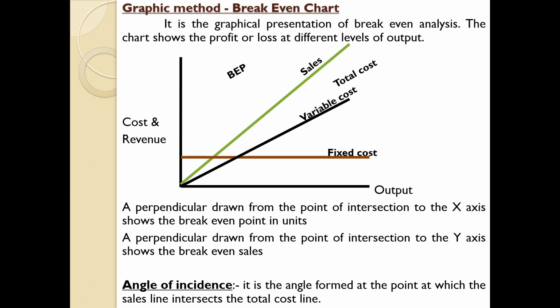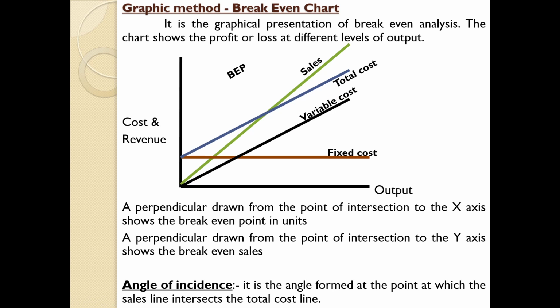The variable cost line is drawn from the 0 point and rises upward from left to right. So variable cost will be like this, sales will be like this, and fixed cost will be like this. Once you have plotted variable cost and fixed cost, you can easily plot total cost, that is, by adding variable cost and fixed cost. Remember, once drawn, the total cost line will be parallel to the variable cost line.